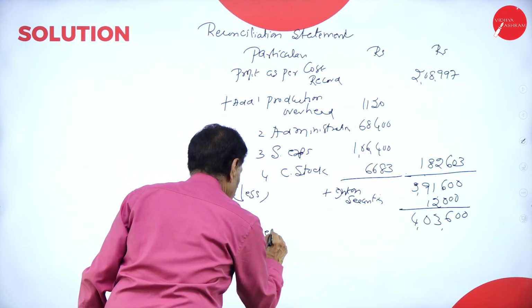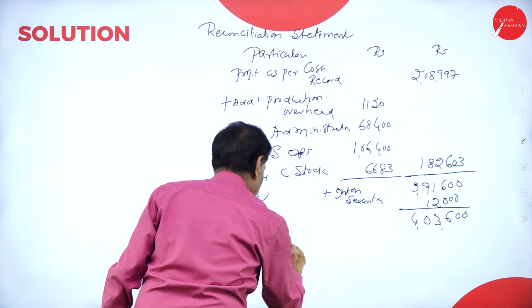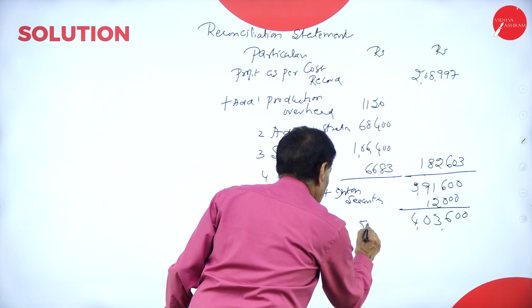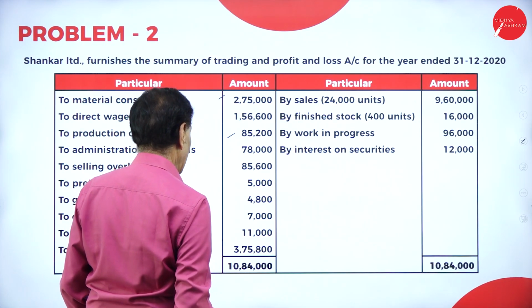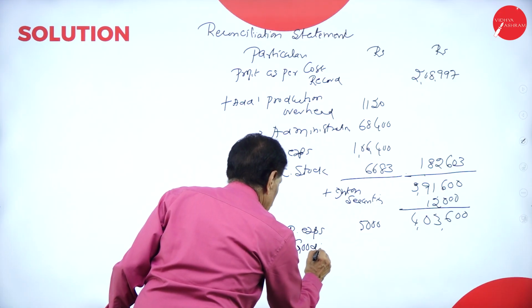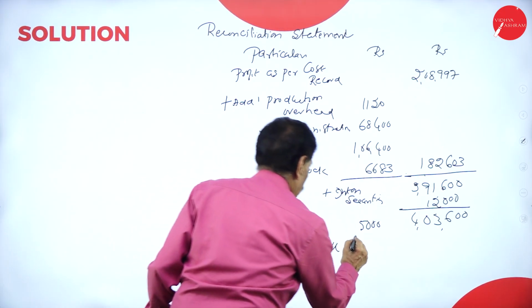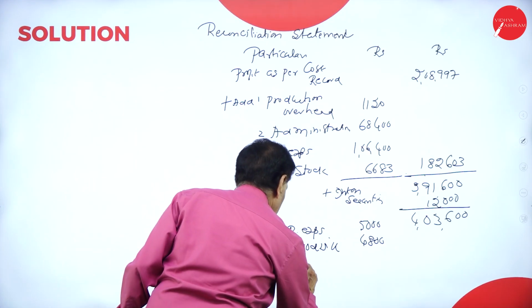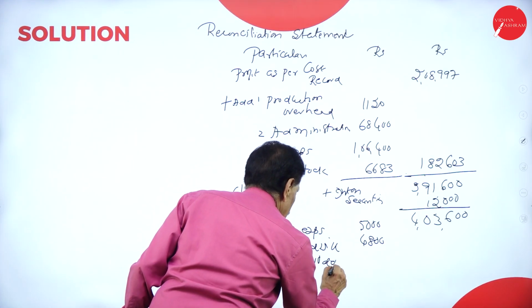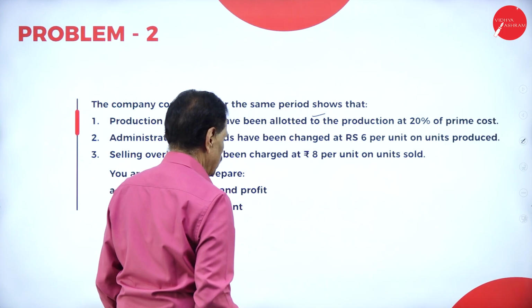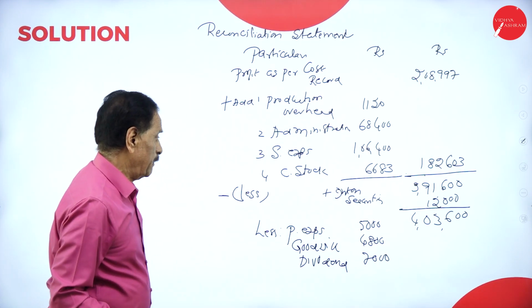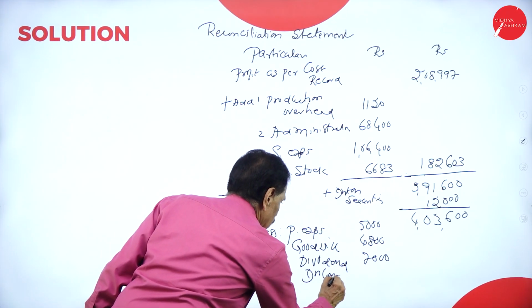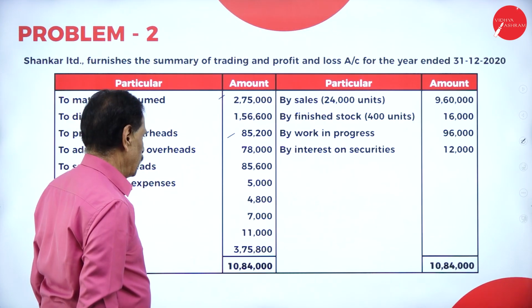Less: preliminary expenses 5,000, goodwill 4,800, dividend 7,000, income tax 11,000.